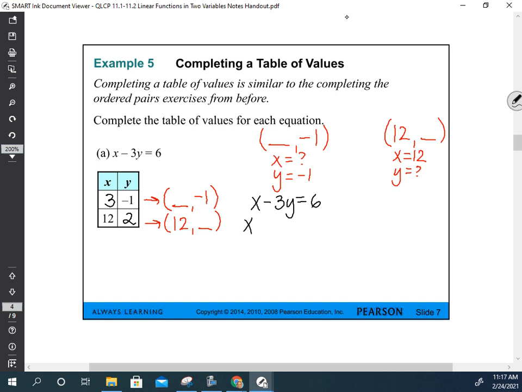Okay, so that means you have x minus 3 times -1 equals 6. So x plus 3 equals 6. See what you did wrong, and I'm satisfied.